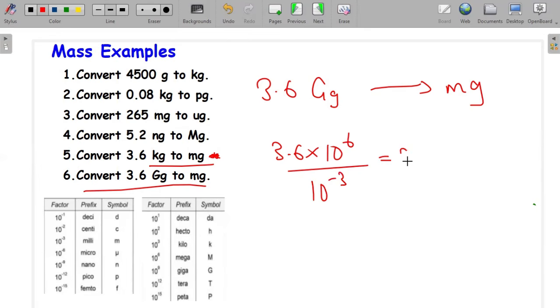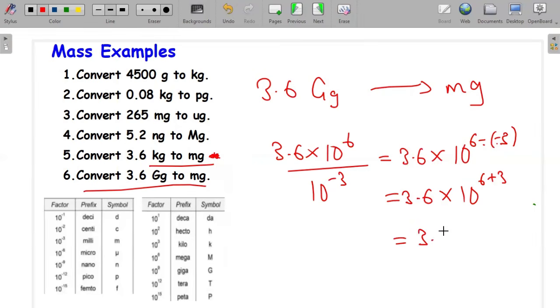So this will be 3.6 times 10. Then I can combine the powers. Since I'm dividing, it will be 6 minus the power in the denominator, which is minus 3. So this will be 3.6 multiplied by 10 to the power 6 plus 3, because negative and negative gives me a positive.